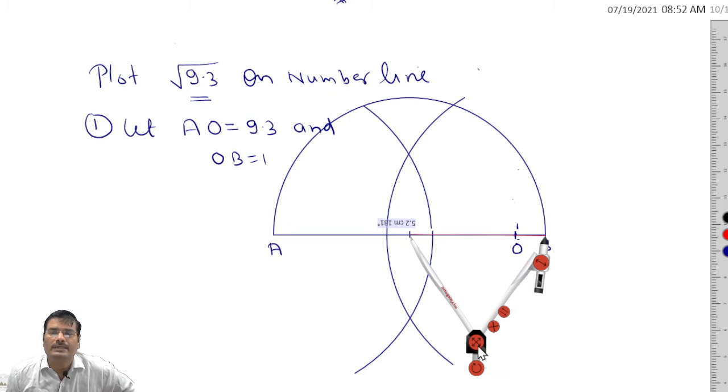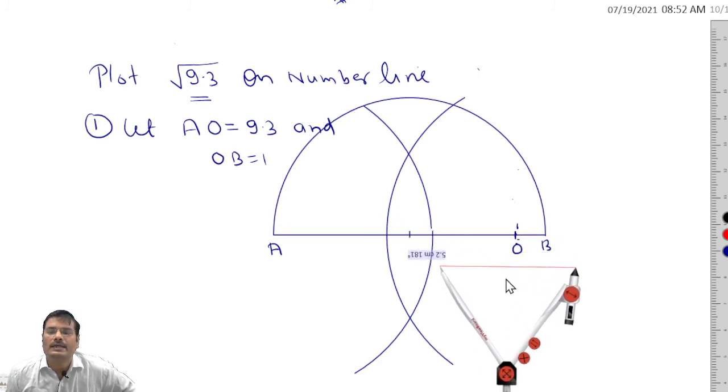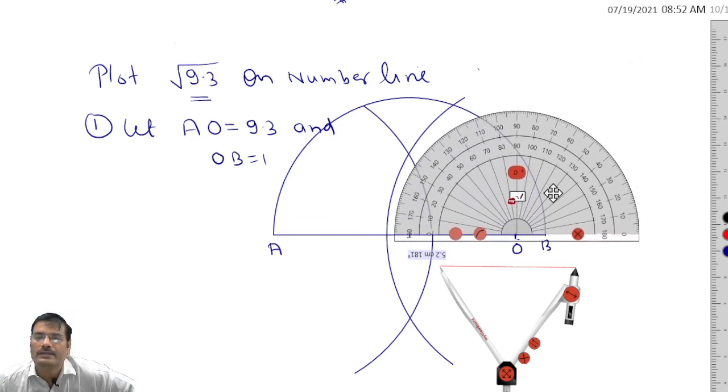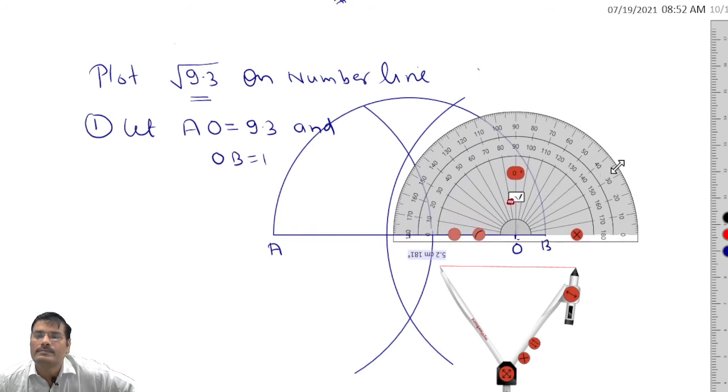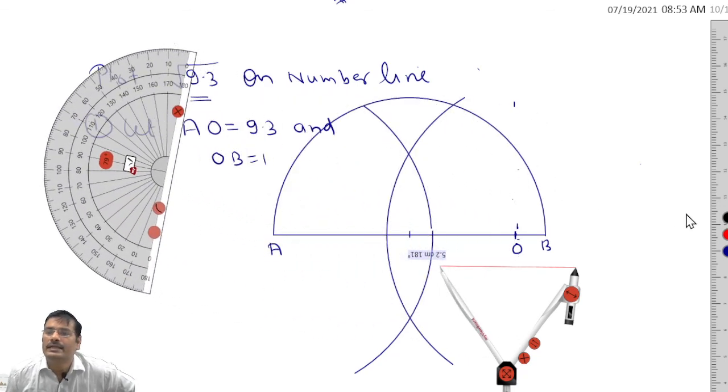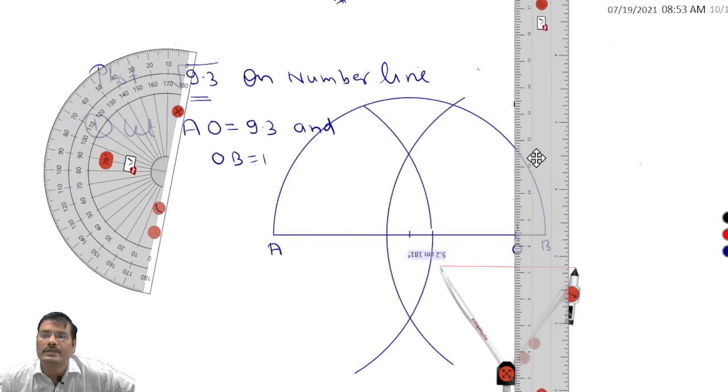After this, draw a perpendicular from here. We can draw the perpendicular with the help of a 90-degree angle, or I can use our scale to draw the perpendicular.